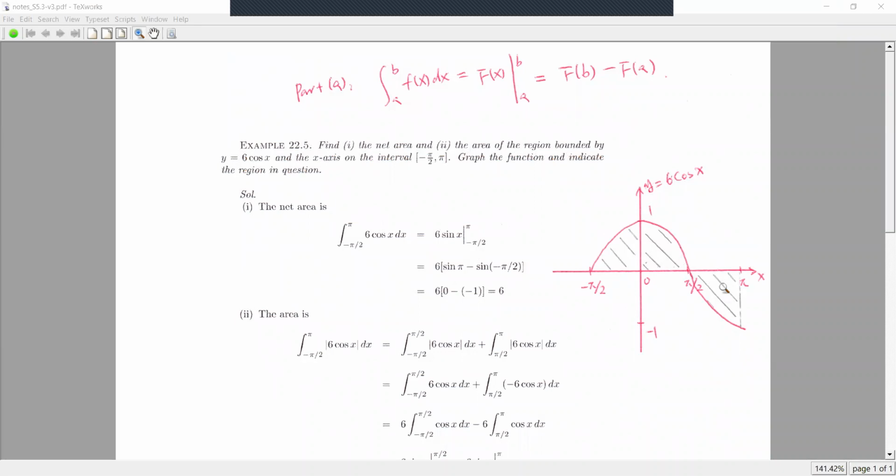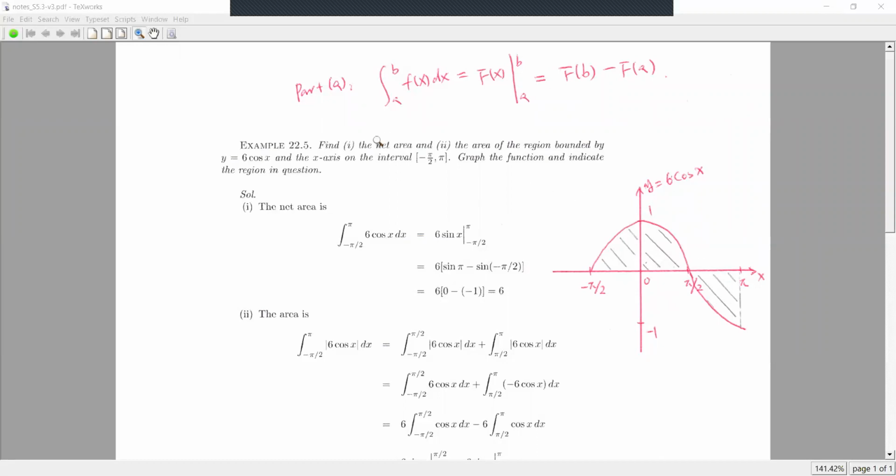Second question, find the area of the shaded region. Net area is total area above the x-axis minus total area below the x-axis. Area, second question, here means the total area. It is total area above the x-axis plus total area below the x-axis.